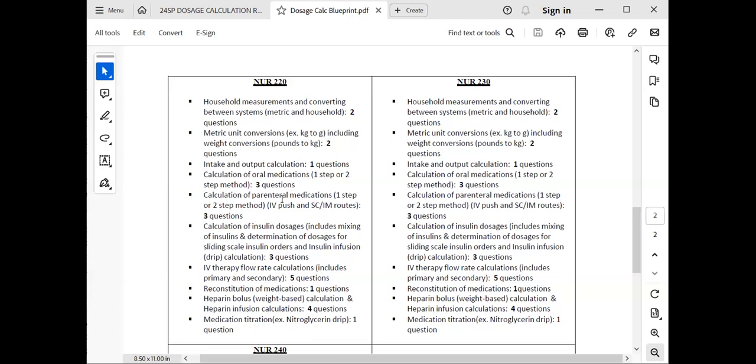And again, whenever I say it's an assumption, if you don't know, hopefully you will after today. If it says subcutaneous, IV, or intramuscular, that's an injectable, and your units are going to be milliliters, because that's the standard.